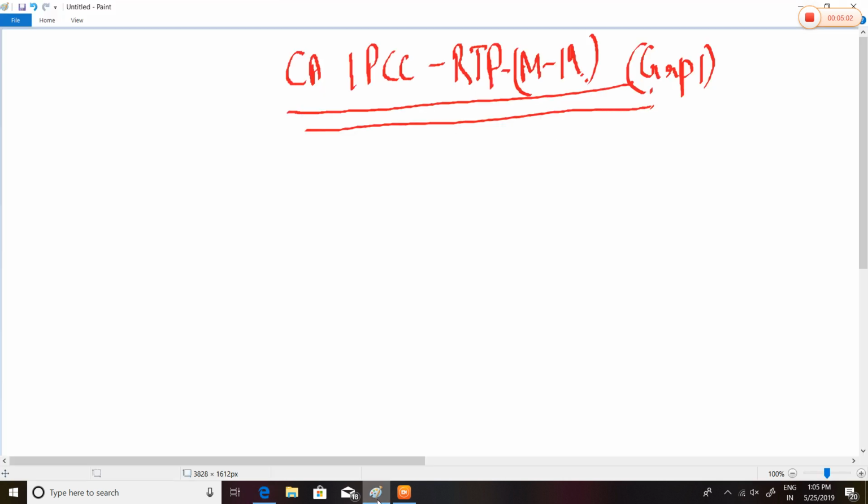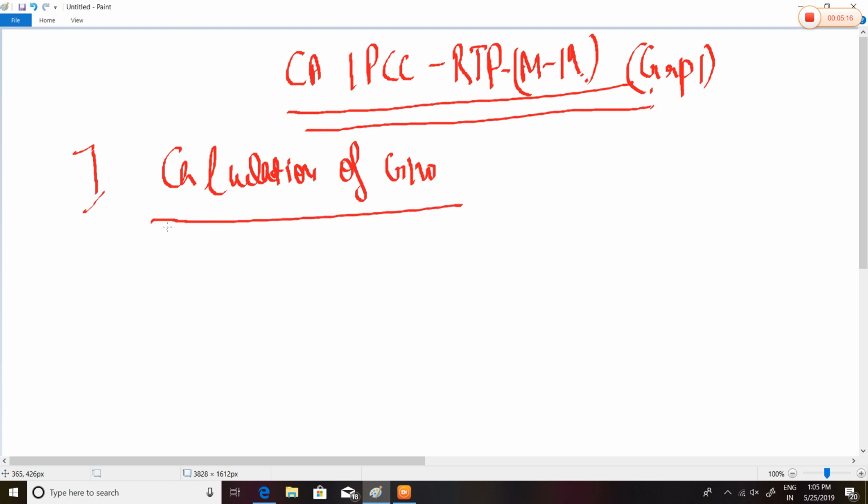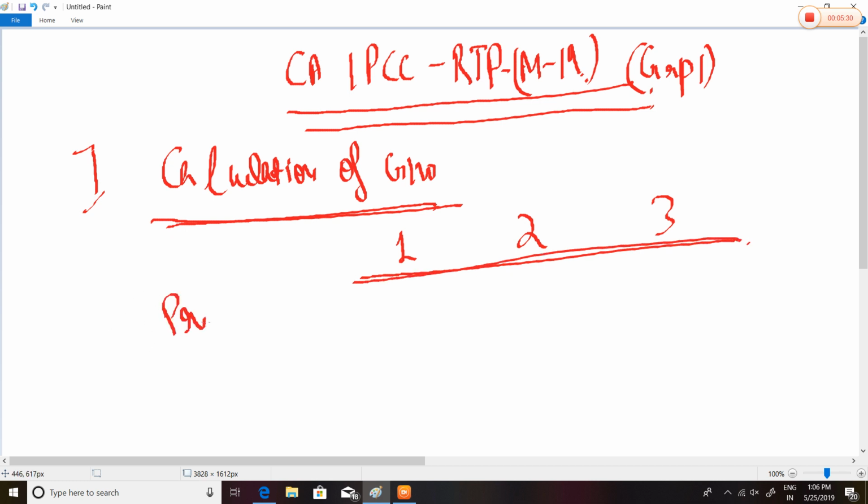See, what we'll do? Firstly, this is the first working note: calculation of goodwill. Year 1, year 2 and year 3. Profits, we are given with 35,900.